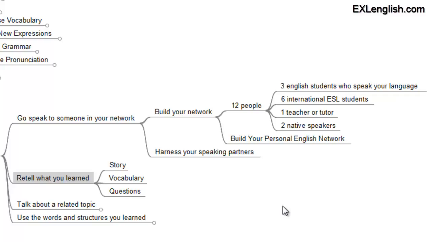So if your vocabulary word was abandon, for example, you could ask them if they know someone who was abandoned as a child. Or you could ask them if they know of a project that was abandoned. So that way you're using those words in talking and asking questions. And as you ask questions, when they answer you, they'll most likely use the same word or words that are related to it.